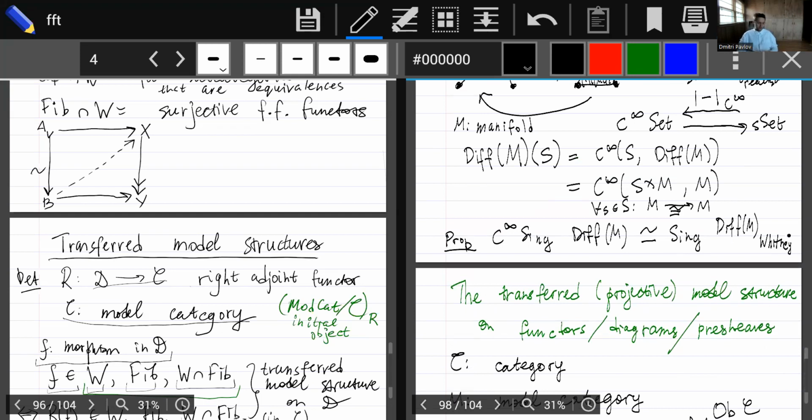So the traditional answer, in fact, is homotopy equivalent to our smooth answer.